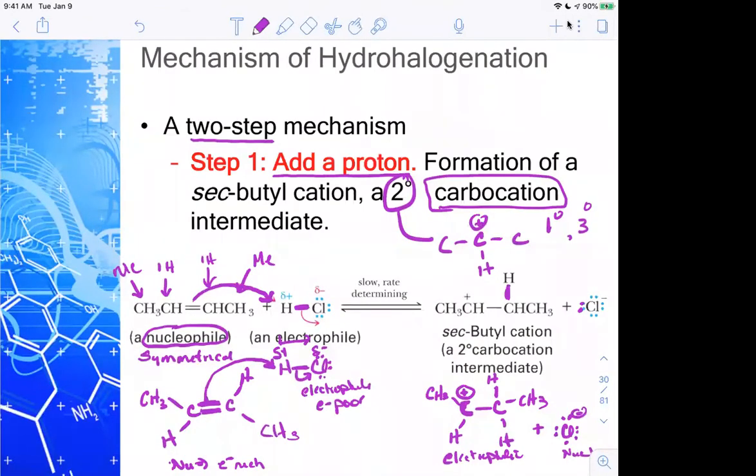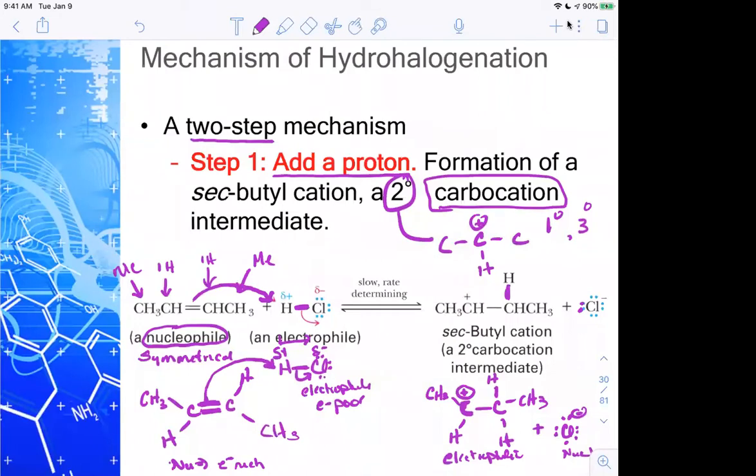It's really important what type of carbocation is formed, whether it's primary, secondary, or tertiary, because there's a notable stability difference in those types of carbocations, and that influences the mechanism greatly. So we'll talk about that in a little bit.